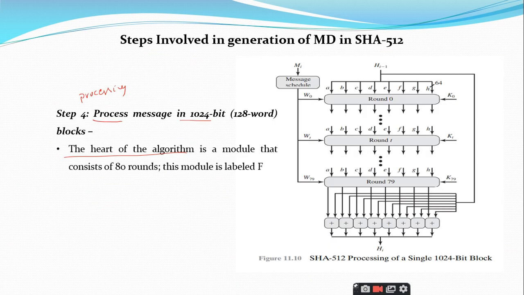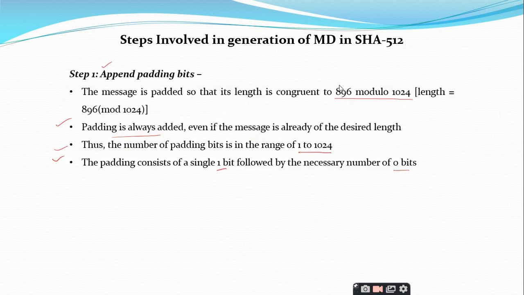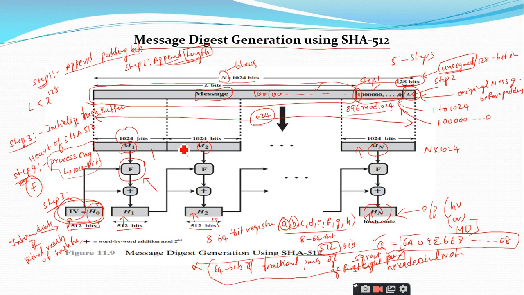If you look at the diagram here, this entire diagram represents F. If you go back to the diagram, you can see clearly that F has 2 inputs: one is the message M1 and the other is the buffer value H0.